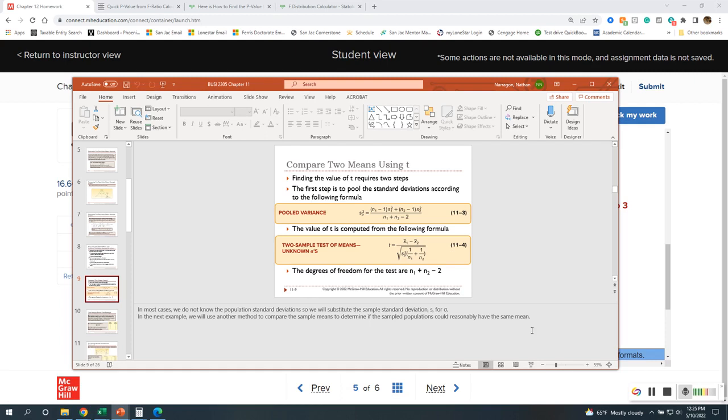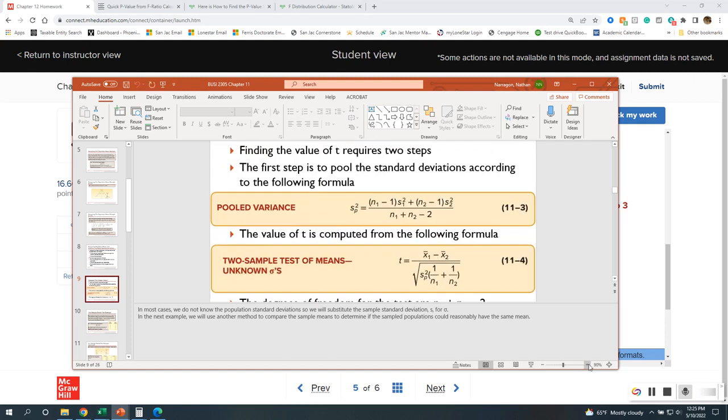So, we're going to start with this one because we don't know the population. So, we're going to do this one real quick. So, Excel.